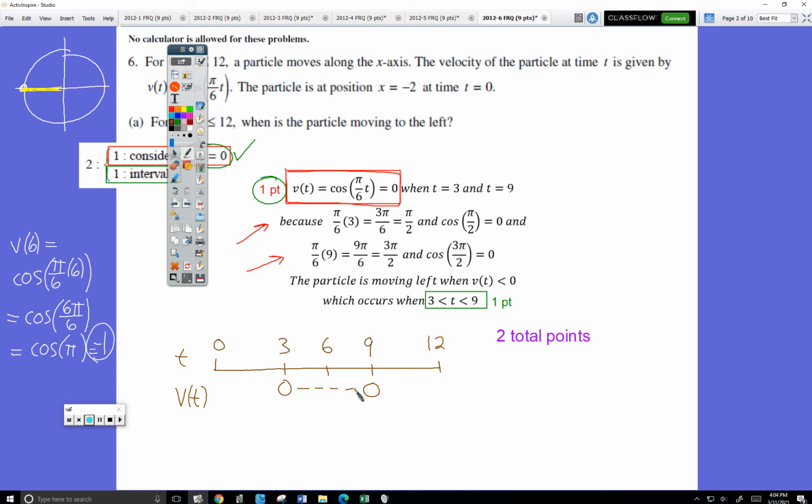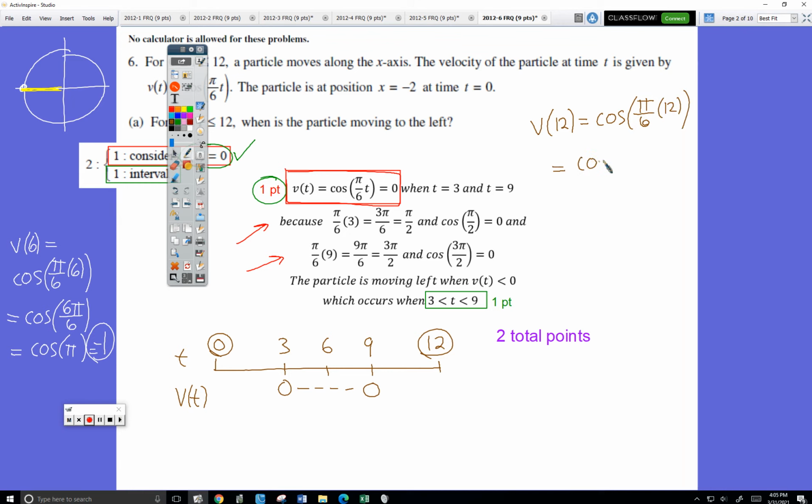Better make sure that the other time periods are okay. So I'm going to try the velocity at time 12. That'll equal cosine. You don't have to write any of this, you can do it in your head. I'm writing it out so no one gets lost, hopefully.